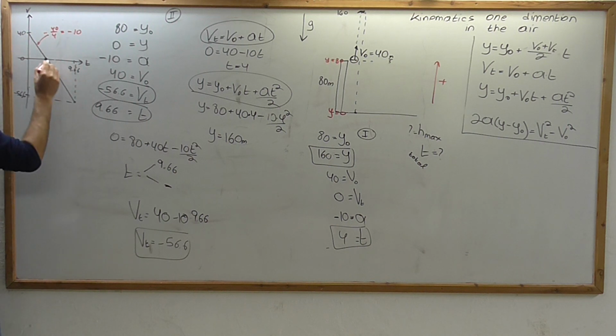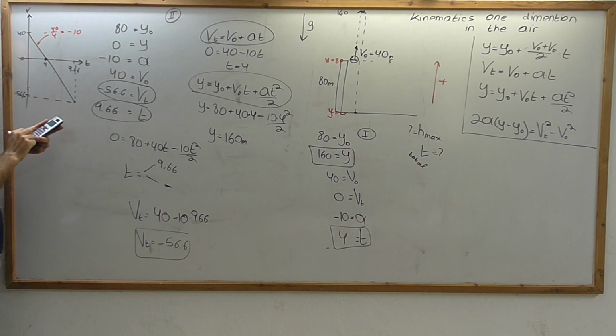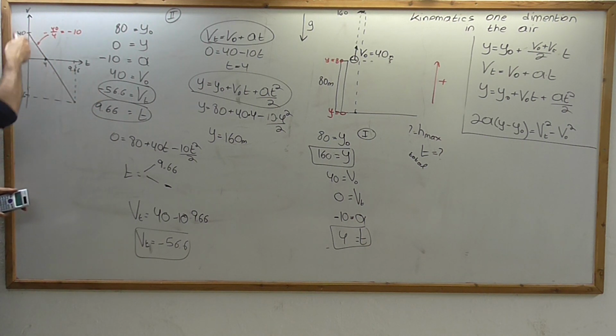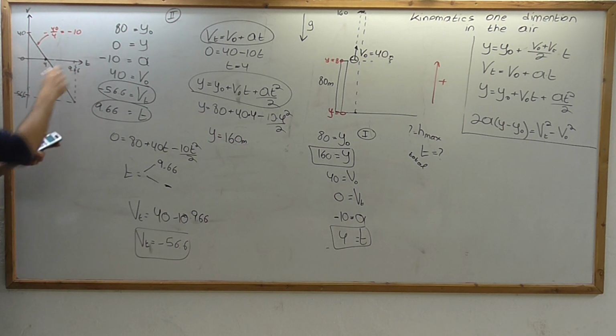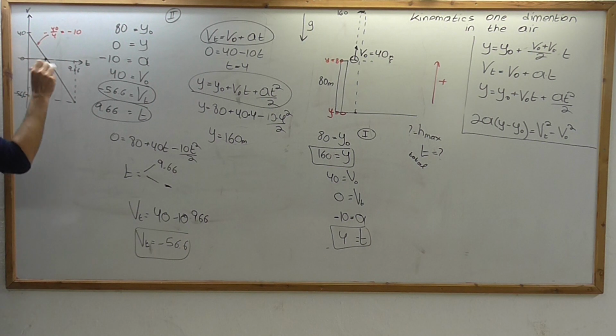If I calculate the slope from this triangle, for example 56.6 divided by 5.66, it's also minus 10. If I use the big triangle, I'll get 96.6 divided by 9.66, vertical over horizontal. I will also get 10. So it doesn't matter which triangle you use to calculate the slope.